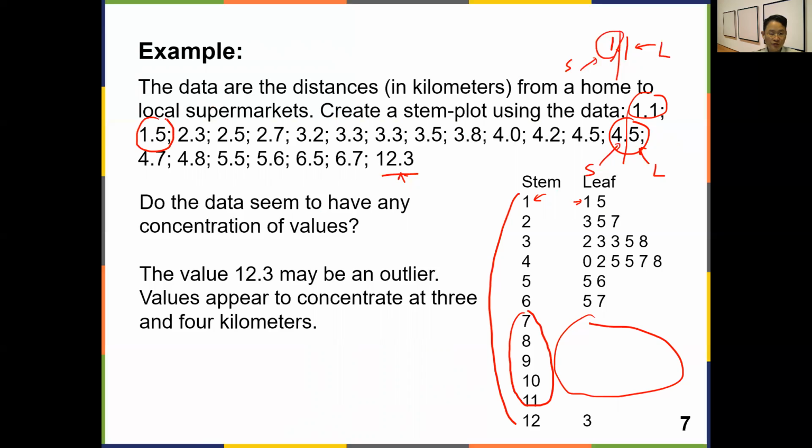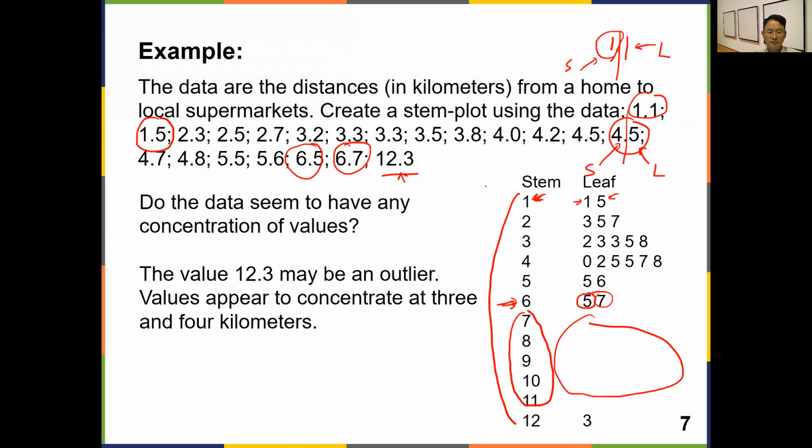This number 1.5, stem 1, leaf 5, right? Just like that. Let's say this number 6.5, stem 6, leaf 5. This number 6.7, stem 6, leaf 7, just like that.